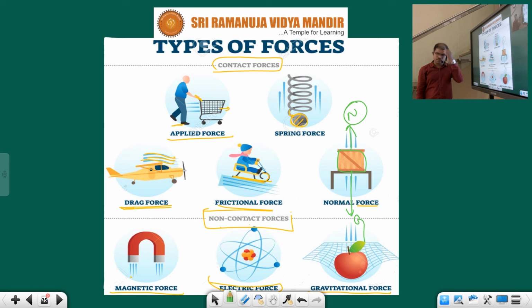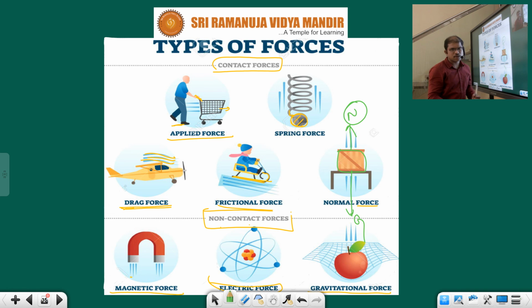At your home, so many examples we can take children. Not only this marker, pen and book, whatever. Suppose you are placing some objects like a tumbler or plates on your dining table. Suppose if that dining table got removed, what is the usual condition children?